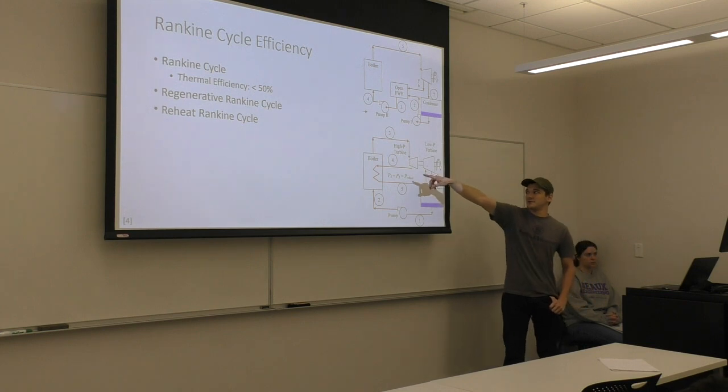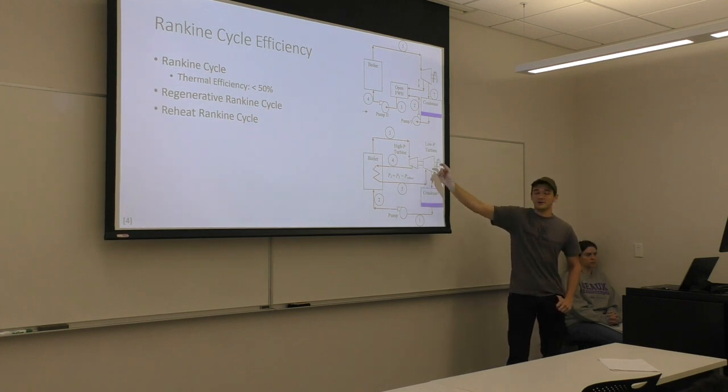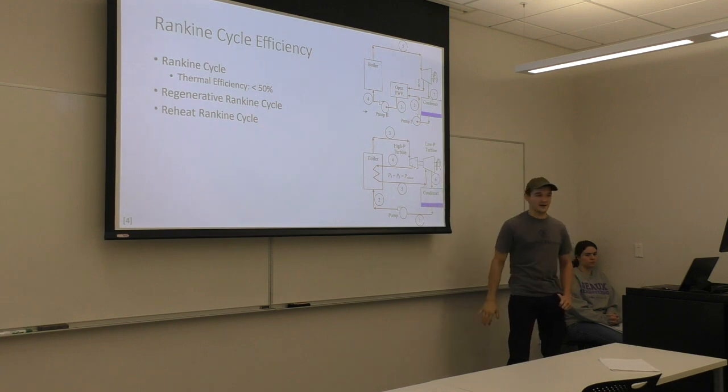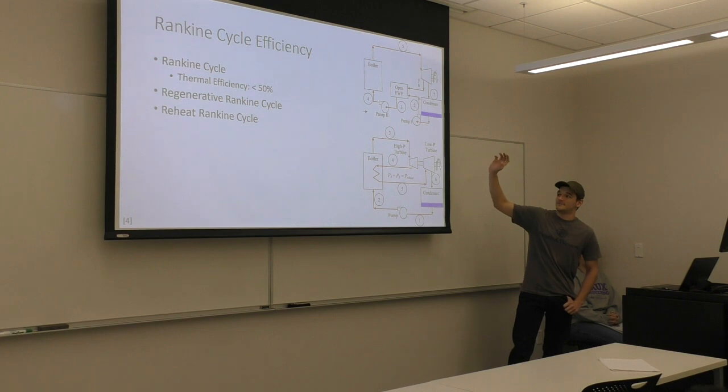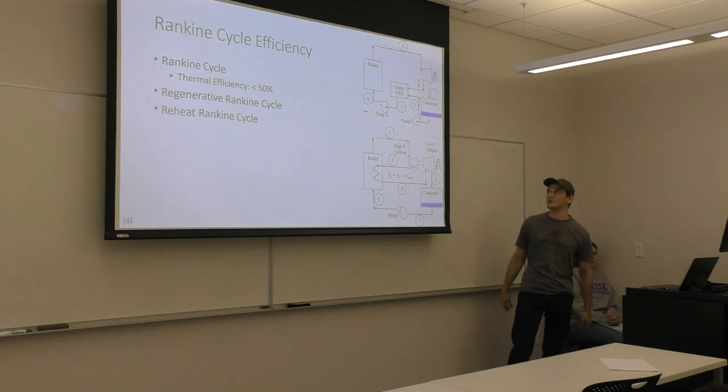When steam exits the high pressure turbine, it goes back to the boiler to get reheated, and then it goes into the low pressure turbine, and that completes your cycle, and you can get a little bit more efficiency, sometimes like 3 to 5%, which, when the thermal efficiency of a normal Rankine cycle is about 50, is pretty good. And then the regenerative just uses an open feedwater heater to regenerate, and it creates a separate cycle within it.